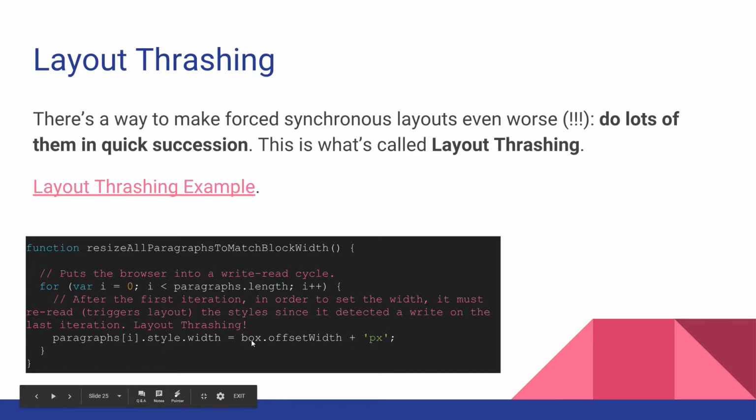But because you're using the box's offset width, which changes every single time you update the style, every time you set the style, you force a layout to occur to get the offset width. Then when it goes into the next one, it repeats the same process again. It sets the property in CSS, then forces layout to calculate the box offset width, again and again and again. That's layout thrashing in its purest form.